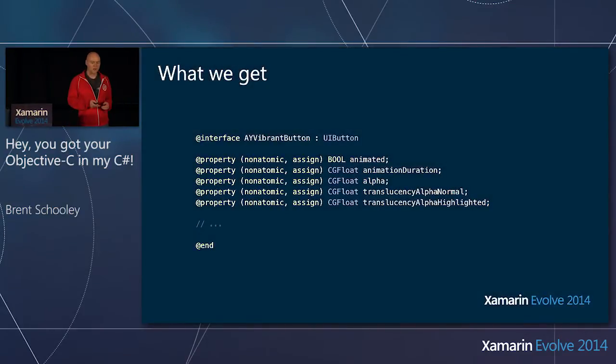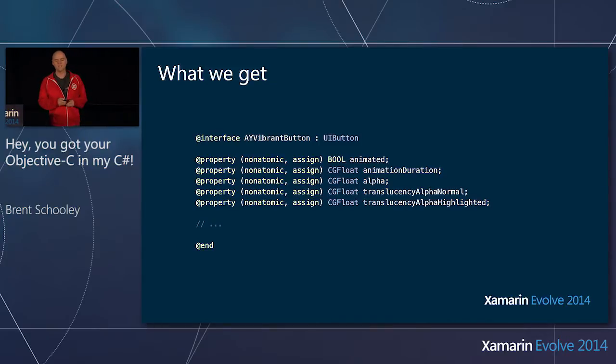So you kind of look at a project, something even as simple as this thing that I found called AYVibrantButton, which just uses iOS 8's vibrancy effects to produce a button that looks good in the new vibrancy views. It's just got some properties. But even looking at properties, we've got @ signs everywhere. Even the name of the class itself has a prefix of AY, because Objective-C, until recently, has had a namespacing problem, right?